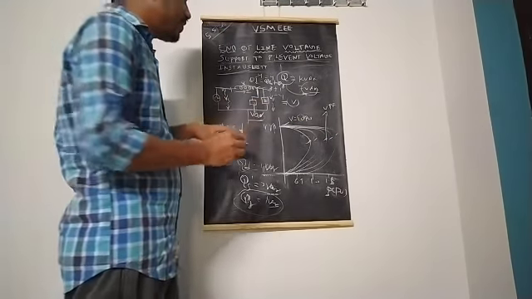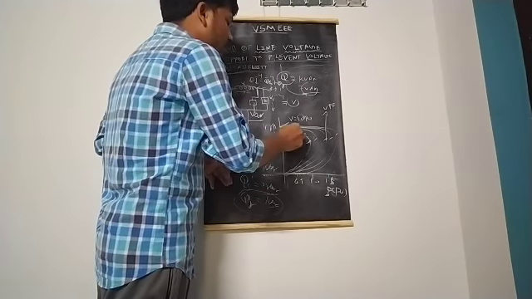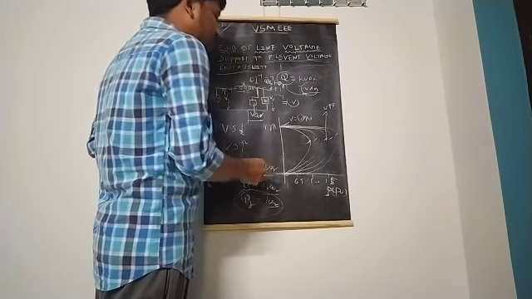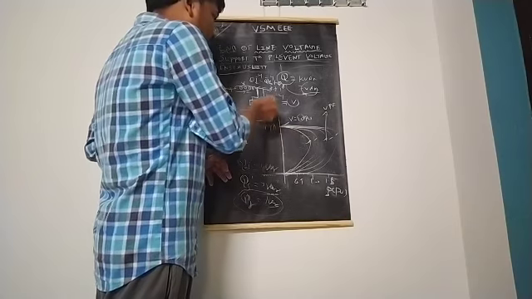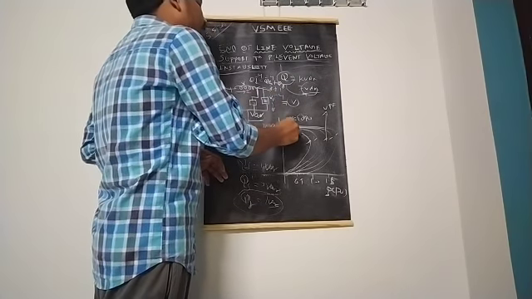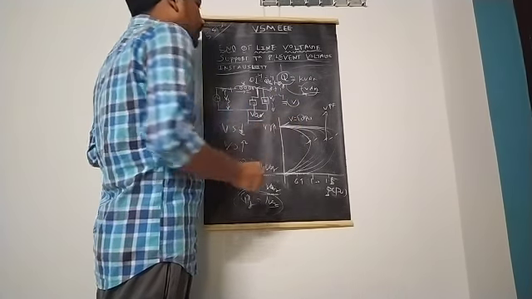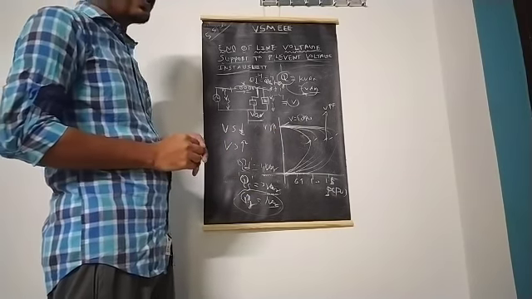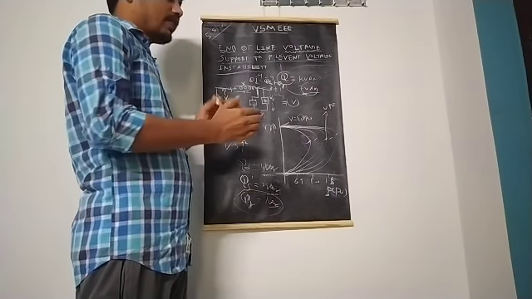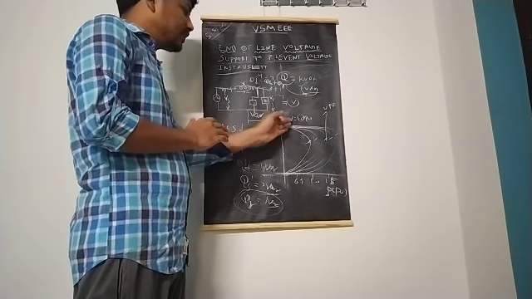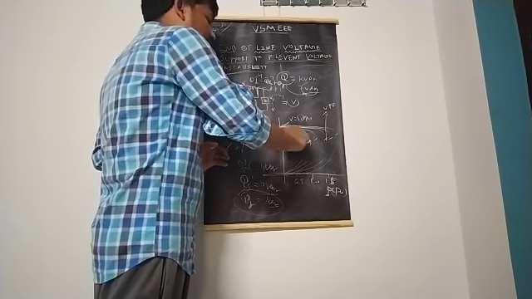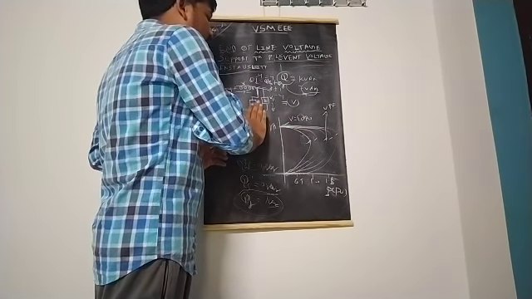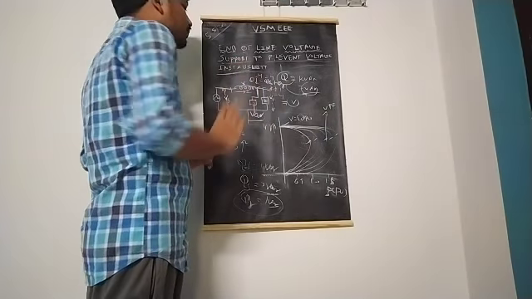Without any compensation devices, while increasing the load at a particular power factor, the voltage decreases. But with the help of these compensating devices, we are maintaining the voltage at 1 per unit. That is the difference between uncompensated and compensated systems. This is the advantage of connecting the shunt: irrespective of the load, we are always maintaining a constant voltage provided to the load.